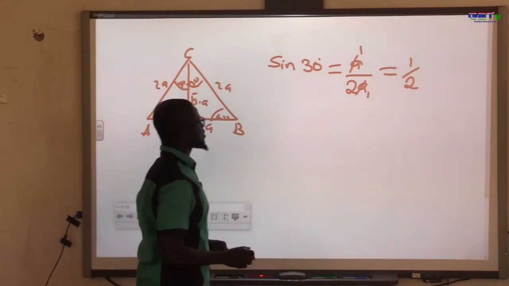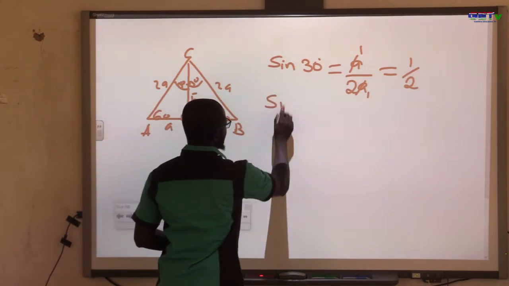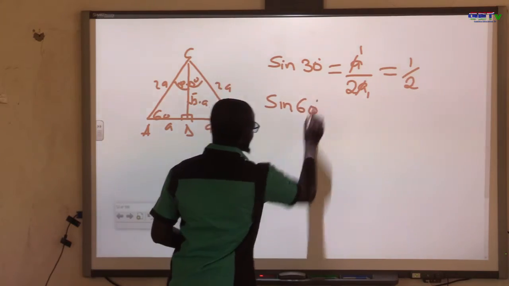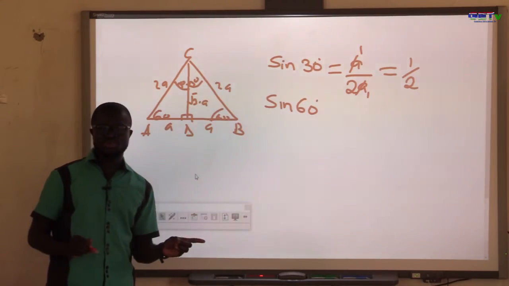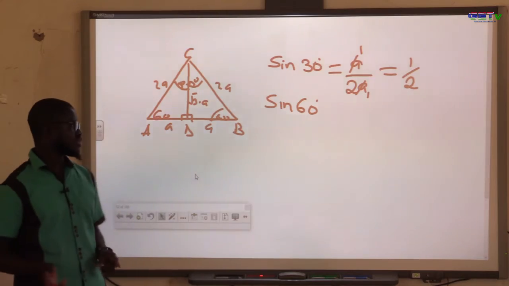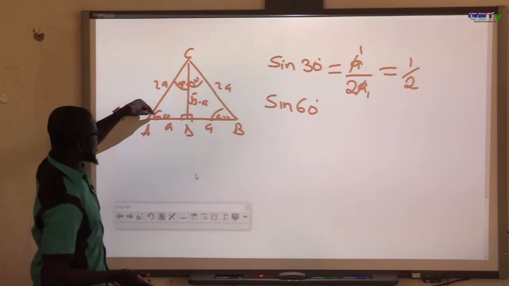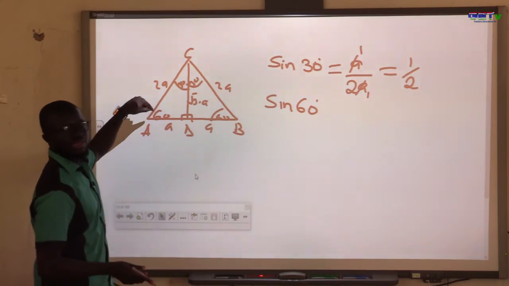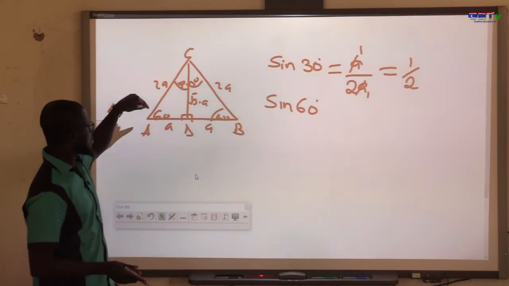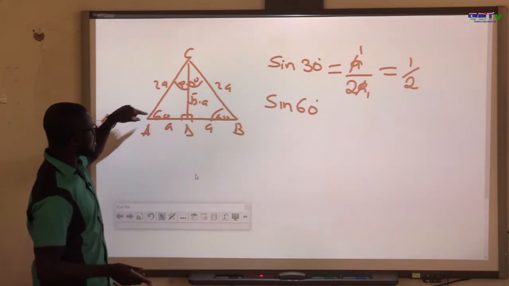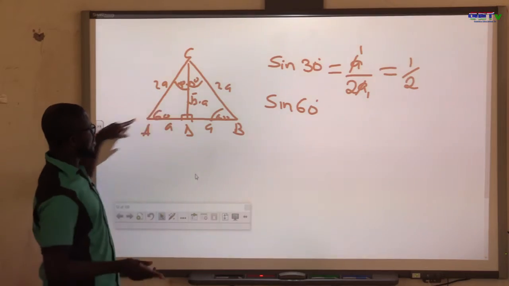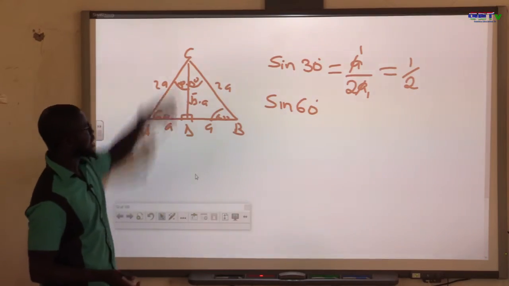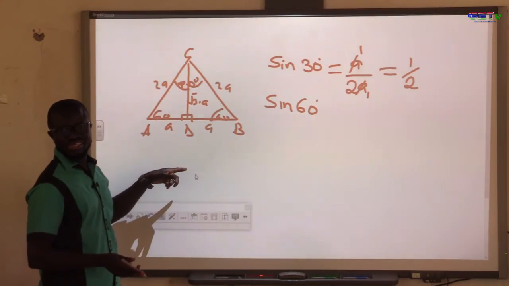I want to use sine 60. Let's see what that will give us. The same function, remember, sine equals opposite all over the hypotenuse. And this time around, we are considering 60 as the angle under consideration. So what is going to be the opposite to angle 60? Looking at the angle, it is opposite to what? Line CD.